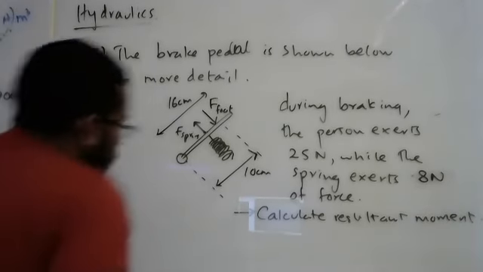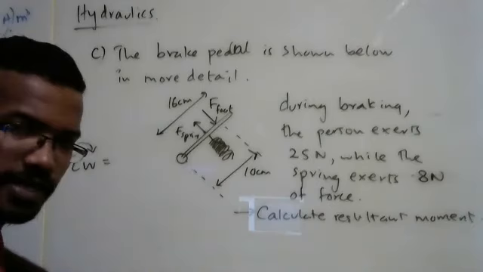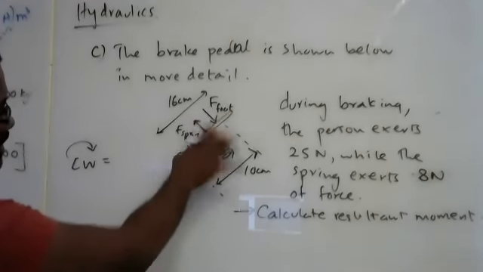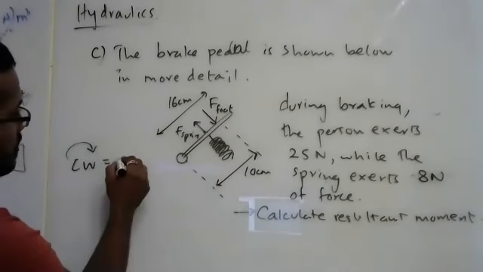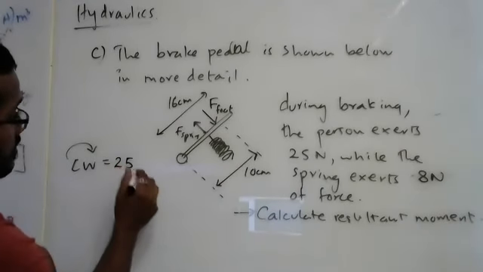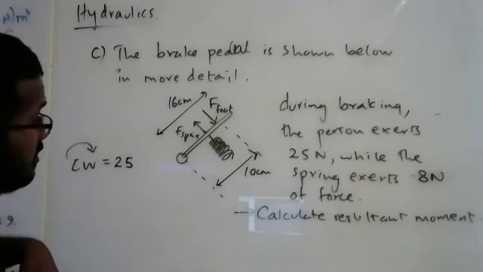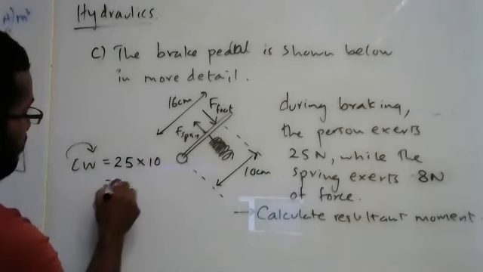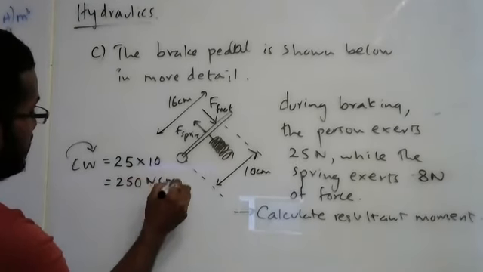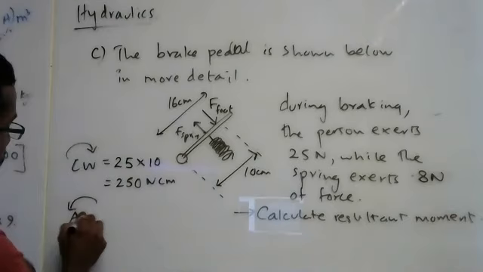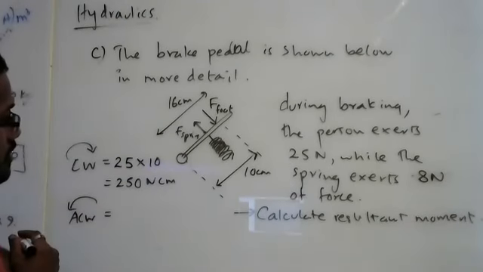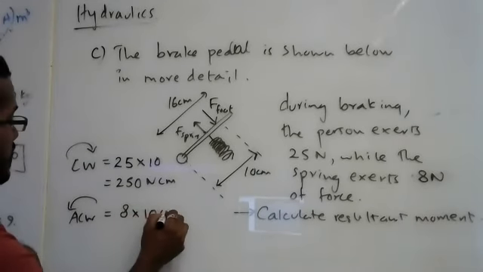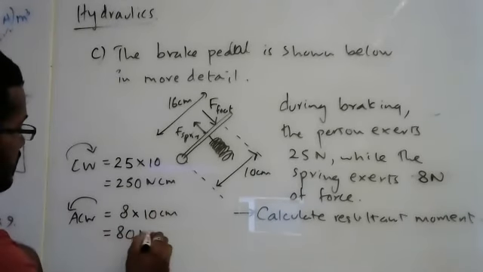All right. So here you can calculate in Newton centimeter, no problem. Clockwise is this one, isn't it? The foot is trying to move it clockwise. So that's 25. By the way, moment equals force into perpendicular distance from pivot. So 25 times 10 is 250 Newton centimeters. Then the anti-clockwise equals that force into that distance, 8 into 10 centimeters, that's 80 Newton centimeters.